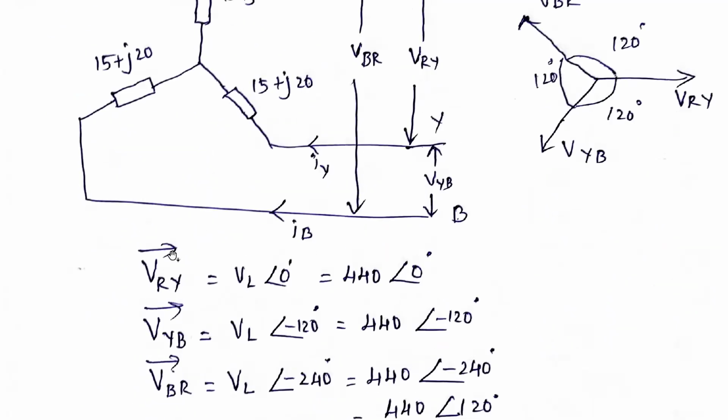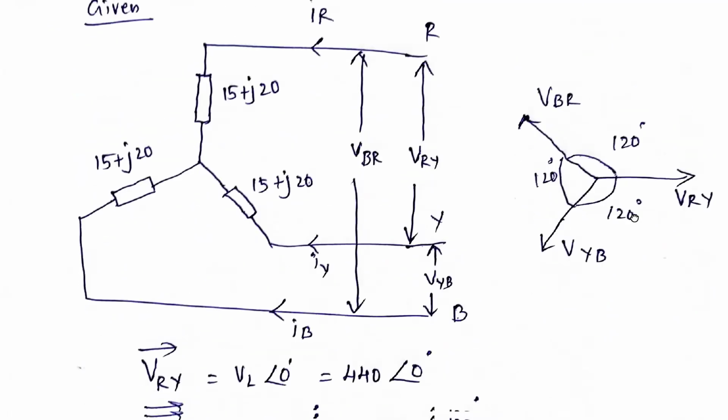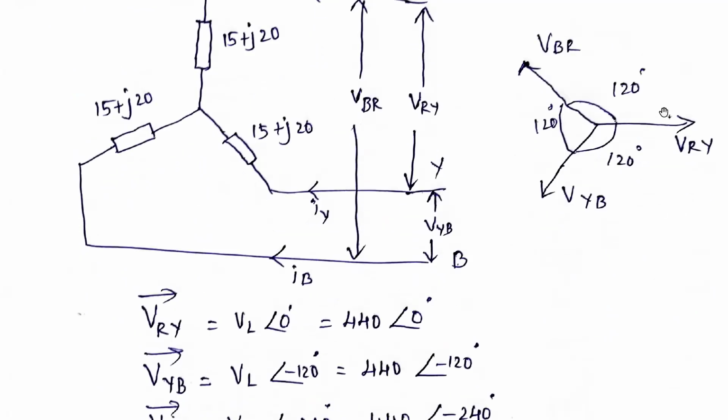First, VRY is VL at the angle of 0 degrees. From this diagram you can clearly see that VRY is equal to VL, the line voltage, at the angle of 0 degrees. That means the line voltage is 440 volts at the angle of 0 degrees. Next, VYB.